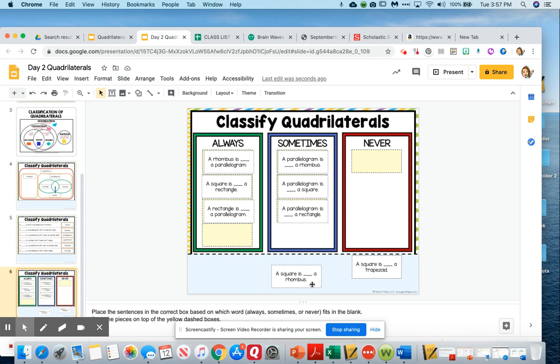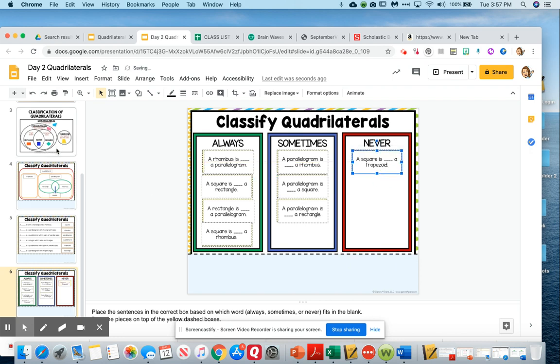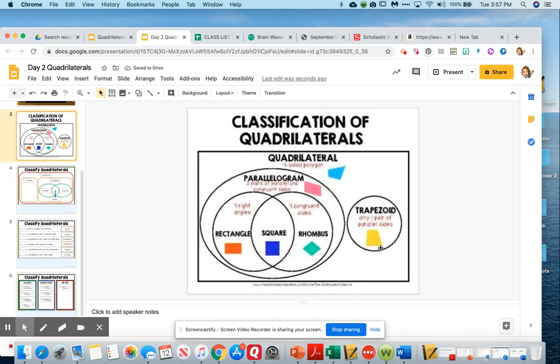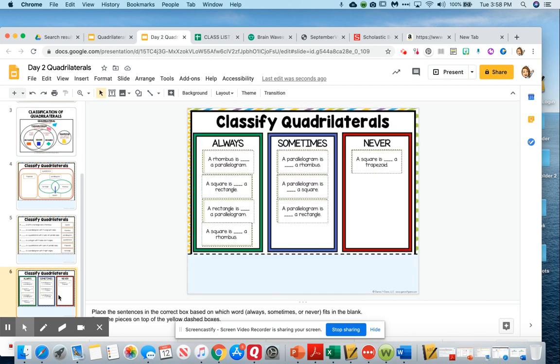So yes, it's always. And then finally, a square is a trapezoid. The square is never a trapezoid because remember, to be a trapezoid, you only have one pair of parallel sides. And a square has two sets because it's a parallelogram: two sets of parallel and equal sides. So that's our lesson for today, classifying quadrilaterals. Thank you.